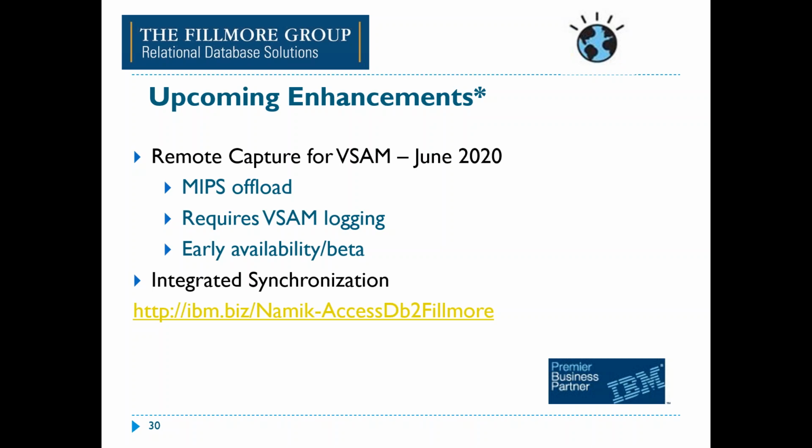And I am piecing together what I know. I am not disclosed to discuss it in detail because it hasn't been announced yet. But IBM is using something called integrated synchronization to move data from DB2 for z/OS to the IBM DB2 Analytics Accelerator today.